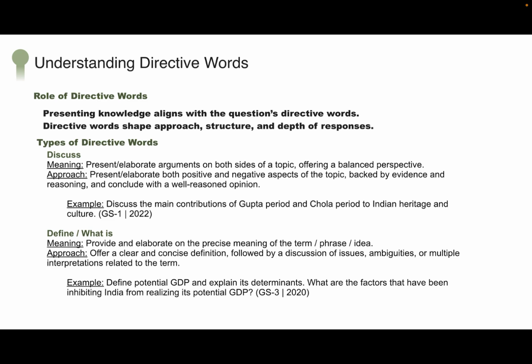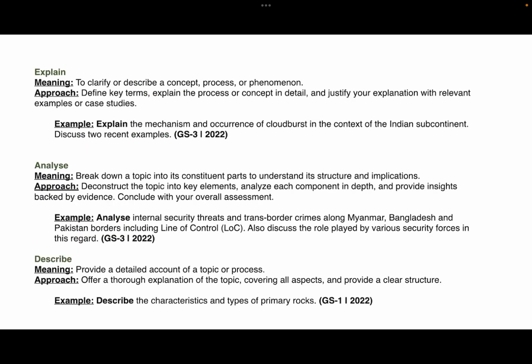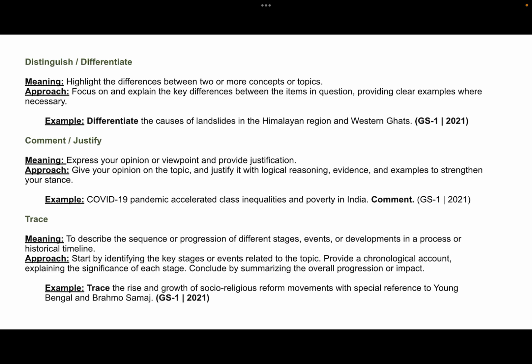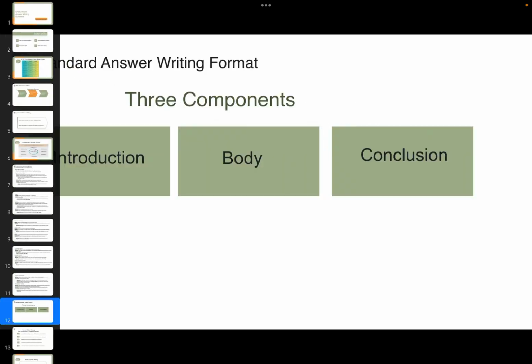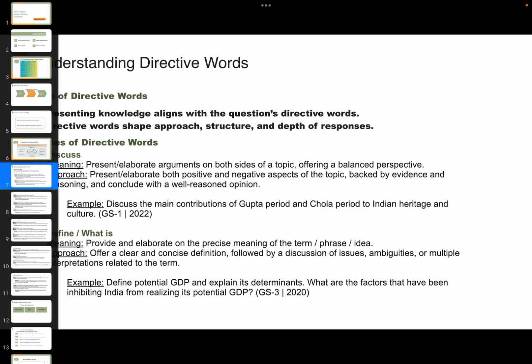So here is a list of the directives which we will be focusing on, and we will be giving one example for each directive and how we interpret these directives in answer writing. These we will be discussing right now.